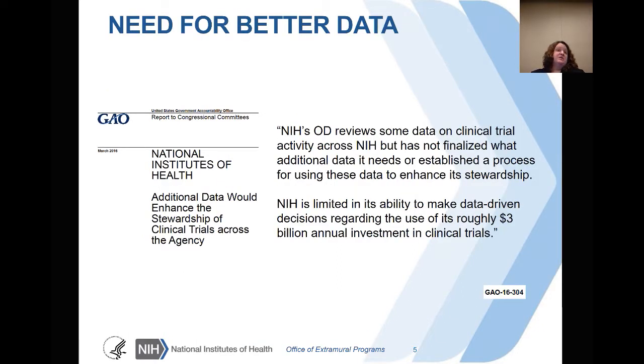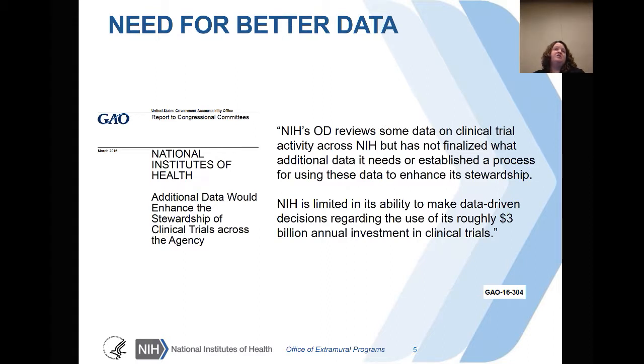Now, in fact, Dr. Insel isn't the only person who thought this, but the GAO in 2016 produced a report stating that additional data would enhance the stewardship of clinical trials across the agency. And the report concluded, while we had some data on clinical trials, NIH needed to finalize what kind of data it needed in order to enhance the stewardship of clinical trials.